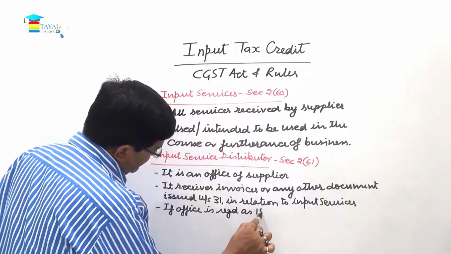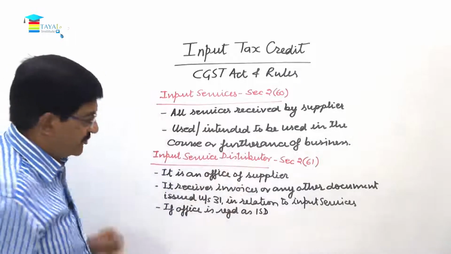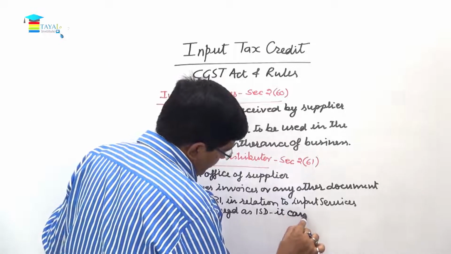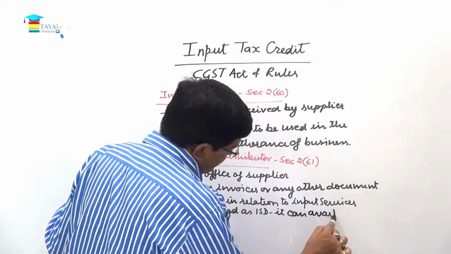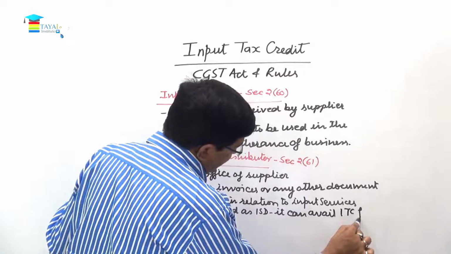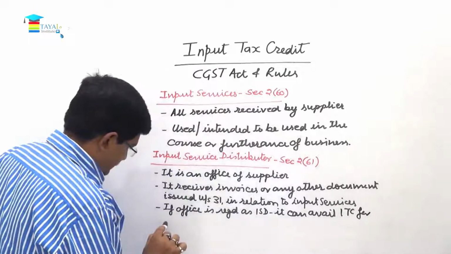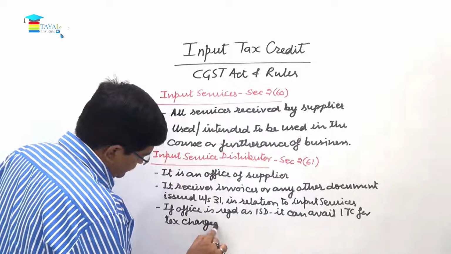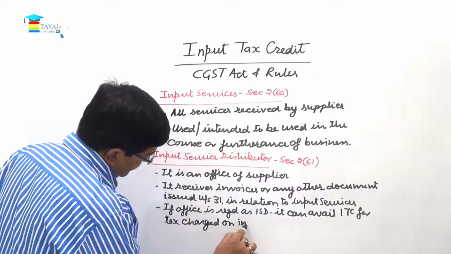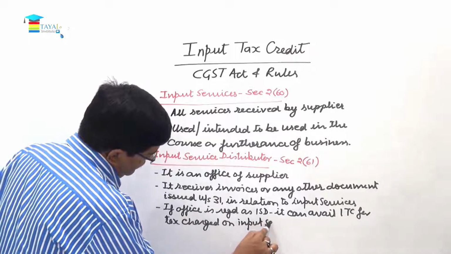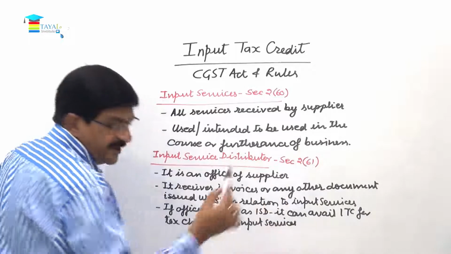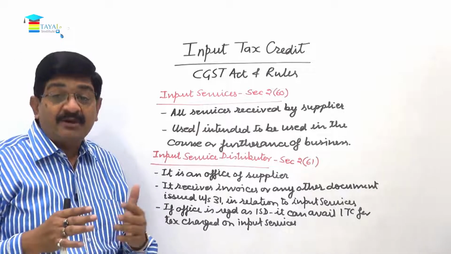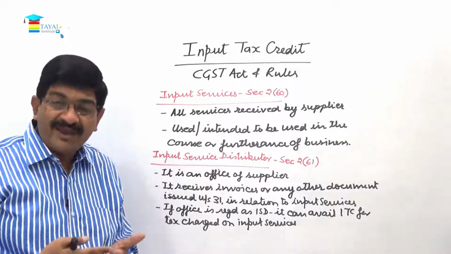Now the credit is available in the office, but the liability is accruing at some other place from where the supplies are being made.